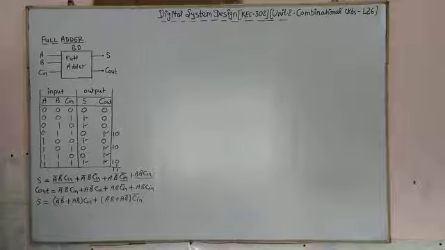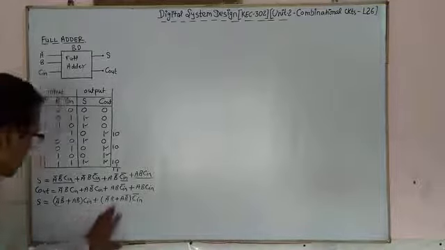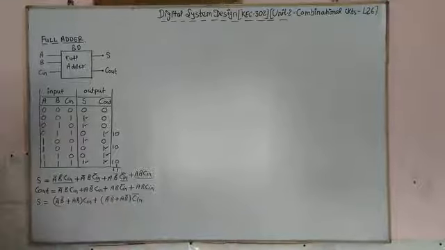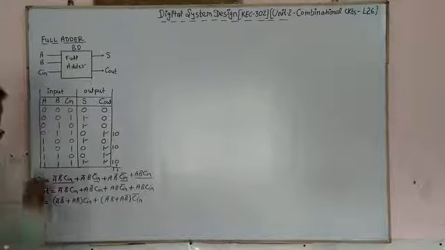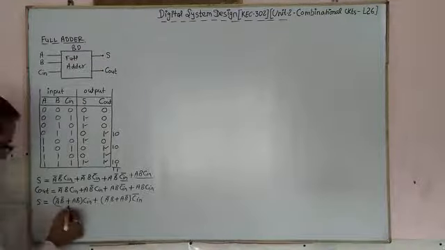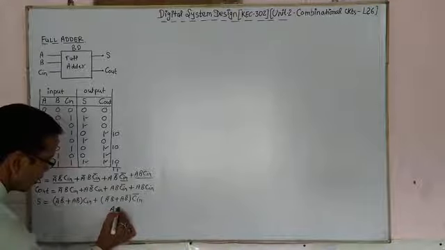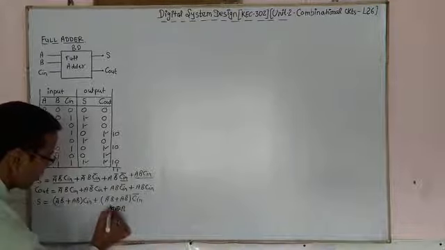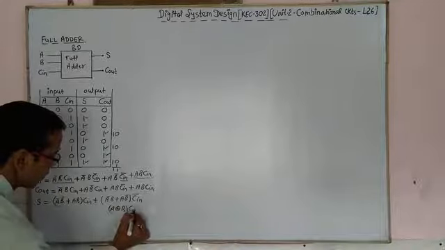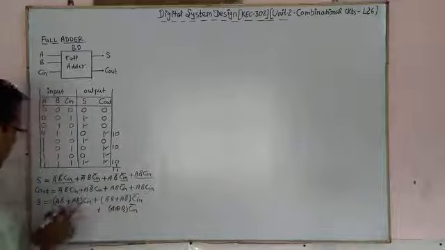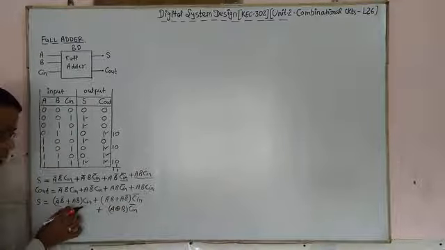So what is this? And what is this? This is nothing but A XOR B, into C in bar, and this is XNOR.